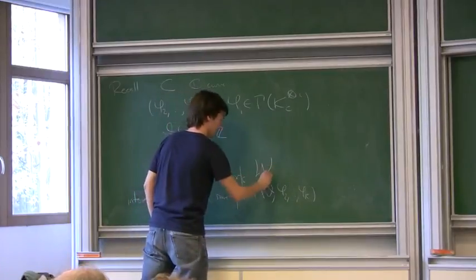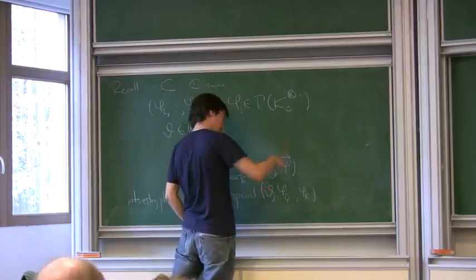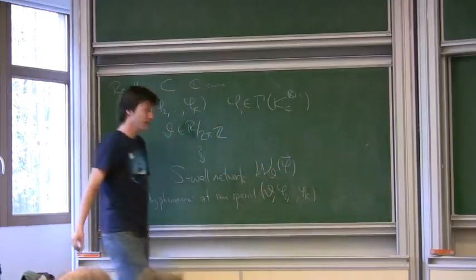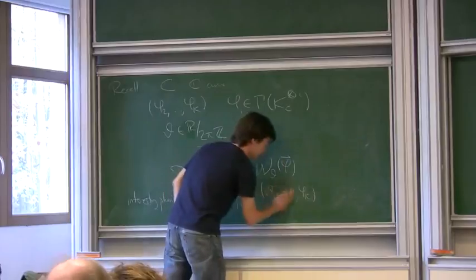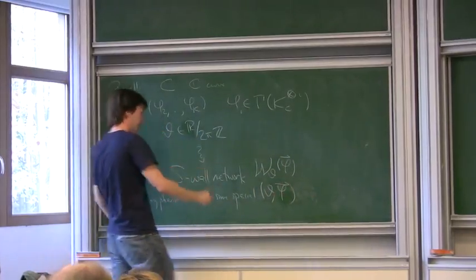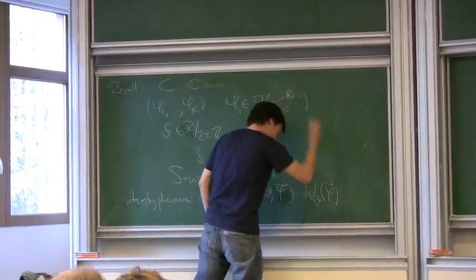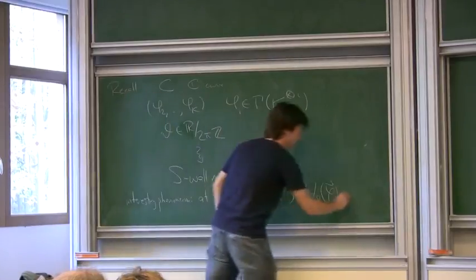Let me call it W theta of phi. I guess I'll write a vector phi for this tuple. So at some special theta in phi, W theta of phi changes topology.